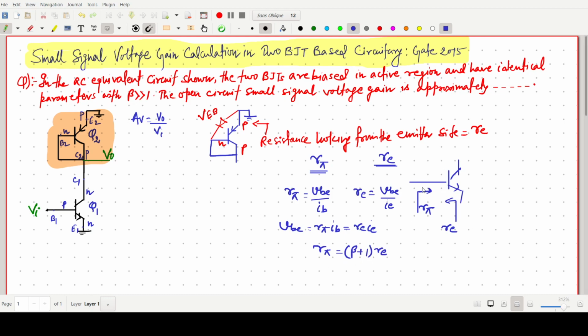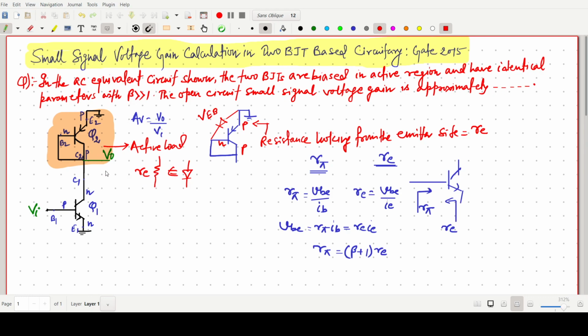So this is simply an active load due to the diode, and the diode's AC small signal resistance in this case will be RE.